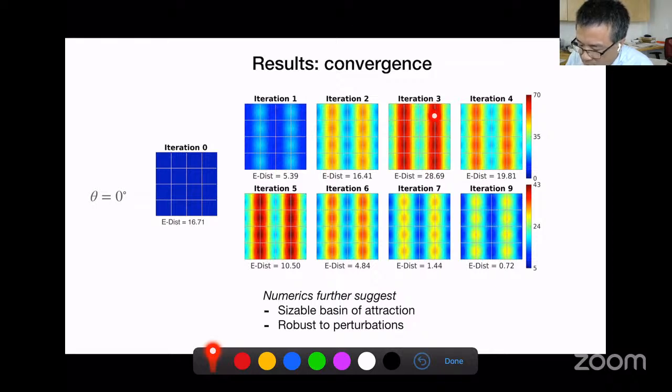The very dark red here means 70 spikes a second. I see. And the top and bottom scales are different because 70 is really unrealistic, a high firing rate. This is a transient that the algorithm goes through, and then it eventually converges to something more reasonable.